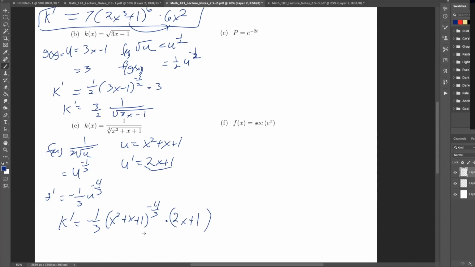All right. And so let me show you how to type in one or two of these into the computer to check it. Let's open up Wolfram Alpha.